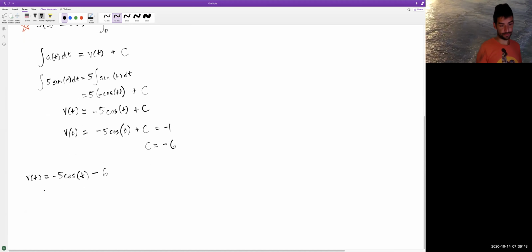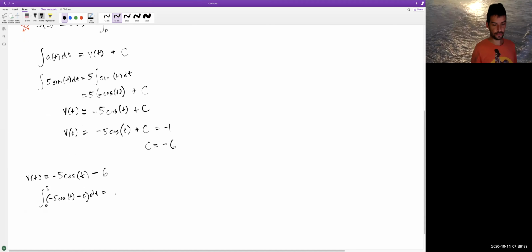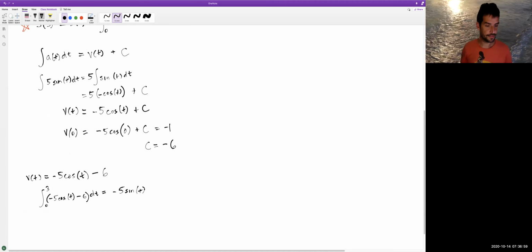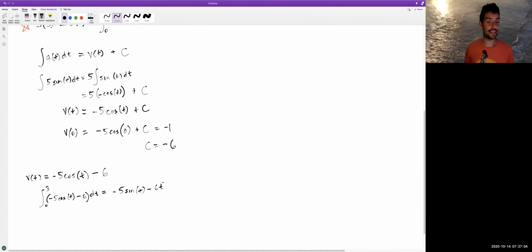So we're going to integrate definite integral from 0 to 3 of negative 5 cosine of t minus 6 dt. This gives me -5 sine of t minus 6t. That's the antiderivative.